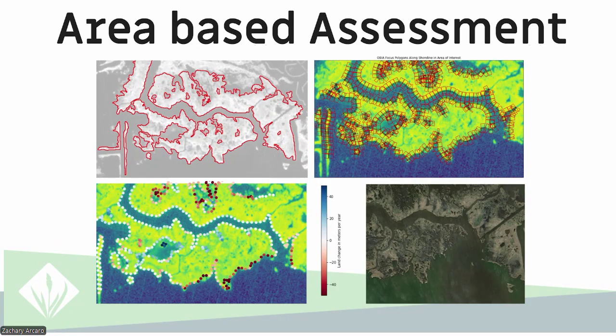So what we do is an area-based analysis technique for erosion. There's a lot of different techniques. You can do transects. There's so many of them, but we primarily focus on marsh ecosystems, and they're characterized by very complex shorelines. And so area-based techniques make a lot of sense.